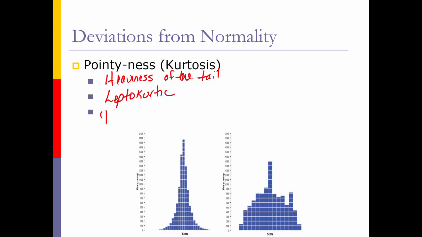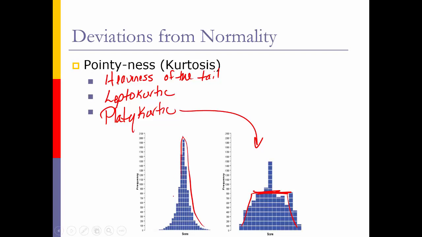Leptokurtic and platykurtic. So platykurtic is flat. So essentially you've got a very flat distribution. And leptokurtic is you have a very, very tall, very pointed distribution.